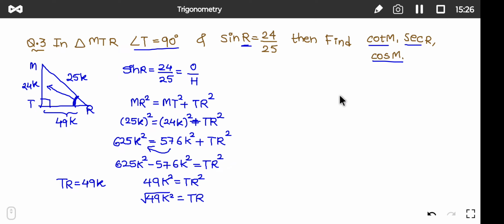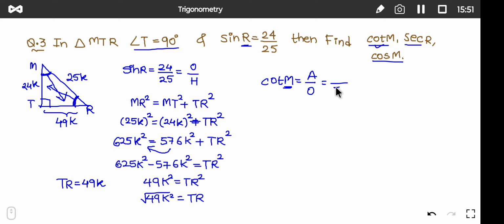Now let's find out the value of remaining ratios. So we have to find out cot M. So the formula for cot is nothing but adjacent upon opposite. But from which angle? From the angle M. So our angle M is here. So for angle M, the opposite side is TR. Okay.